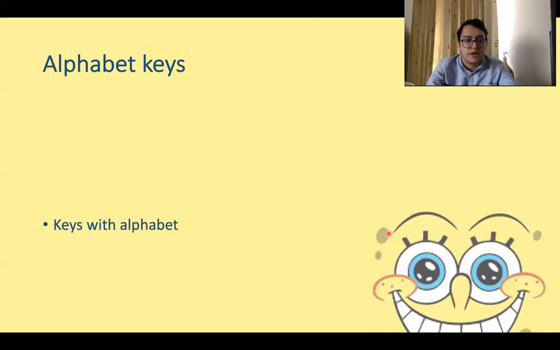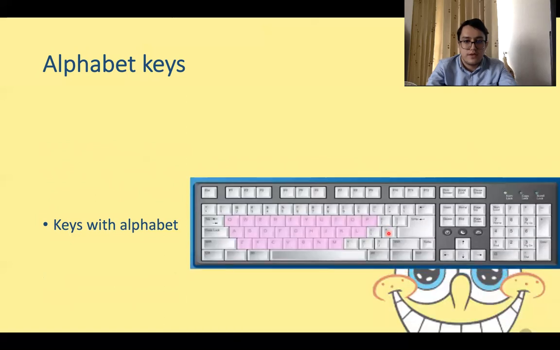Next, we are talking about alphabet keys. Can you find your alphabet keys on your keyboard? Try to find them before I show you. 1, 2, 3. Did you get it correctly? These are your alphabet keys.